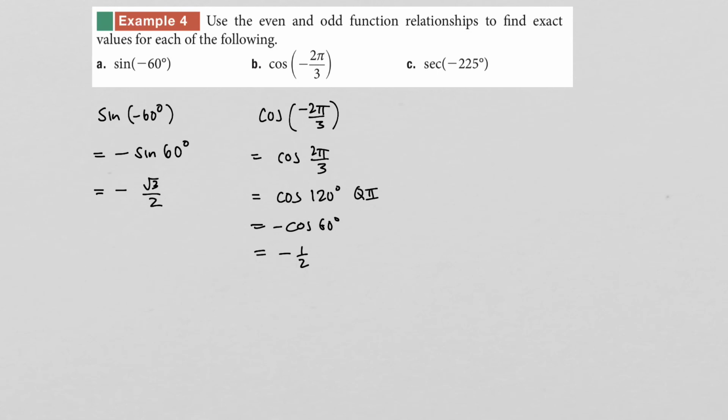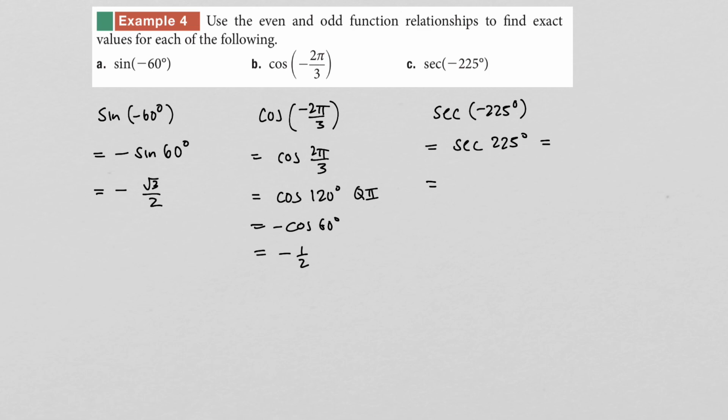One more example here, we have the secant of negative 225 degrees. So secant of negative 225 degrees, secant is even, so that is the same as the secant of positive 225 degrees. And then all I would need to do is, once again, look at that unit circle to find this value.